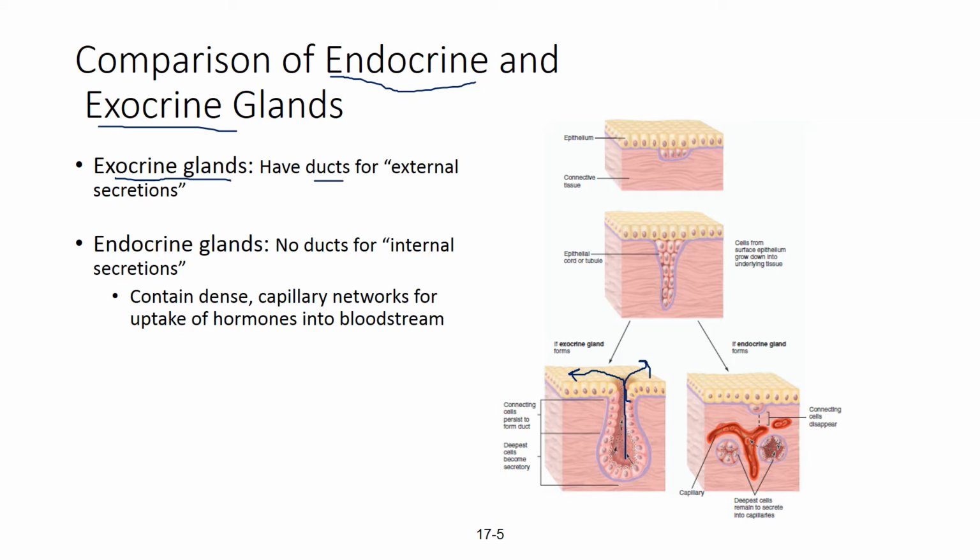Your digestive system has a lot of these for various enzymes and various secretions. When we look at an example of our endocrine system, it does not have a duct. There is no duct. And instead, it has a network of blood vessels that it's going to dump its secretions into, the bloodstream, versus on top of the surface of the tissue, the apical surface.